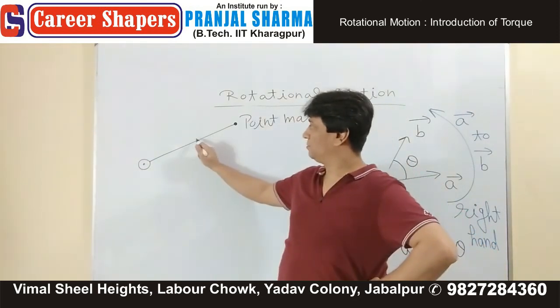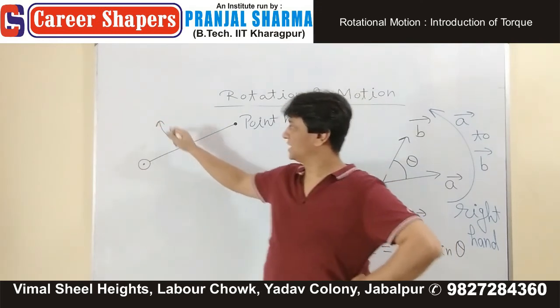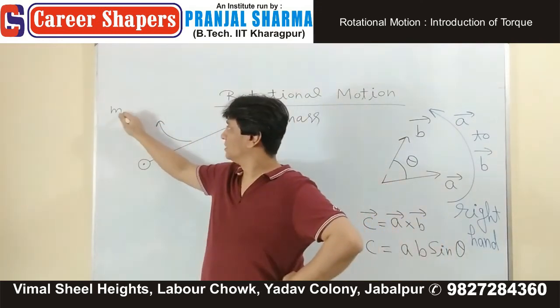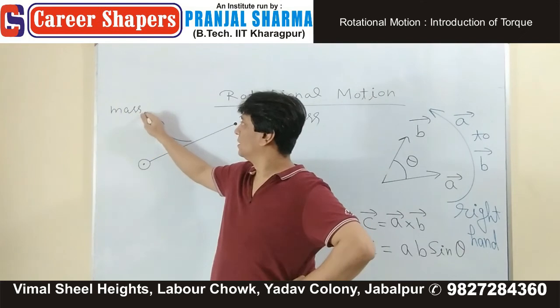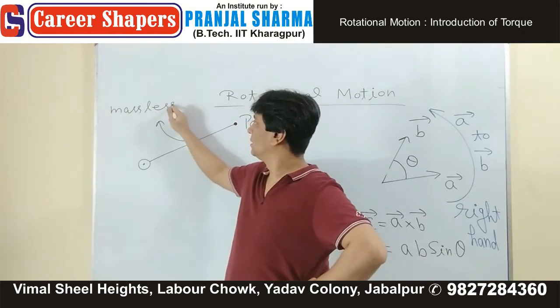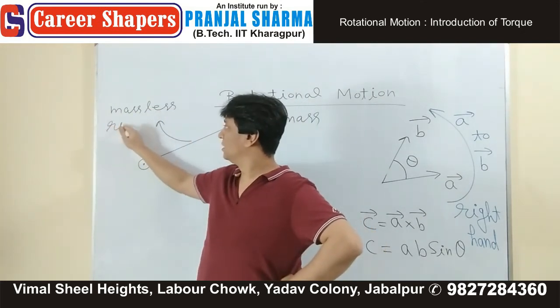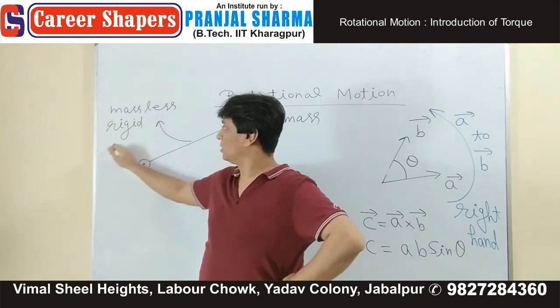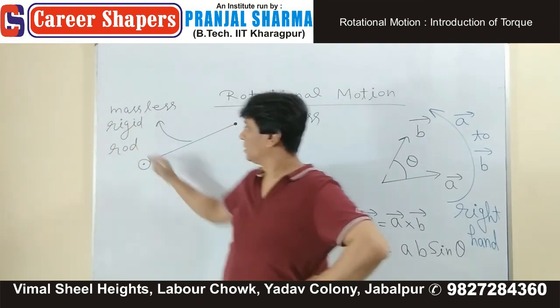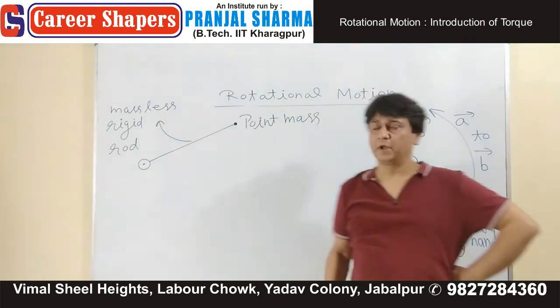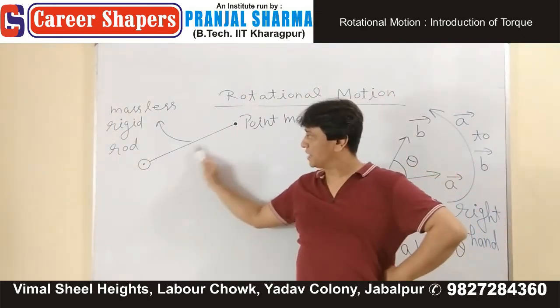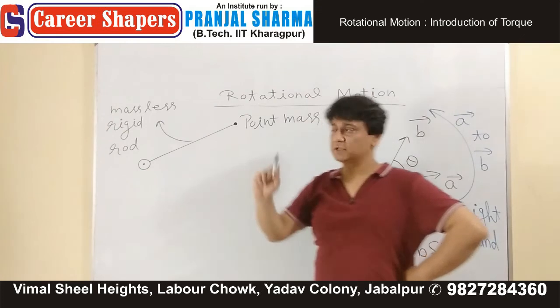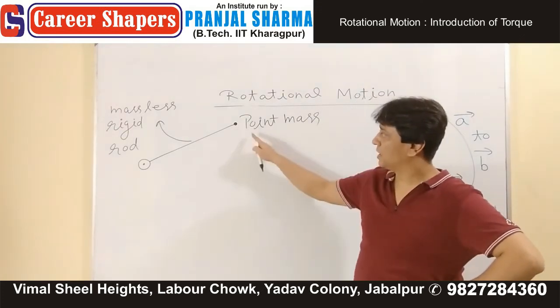This is a massless rigid rod. क्या मतलब है? This thing has no mass. मास केवल कहां पर है? यहां पर, as a point.